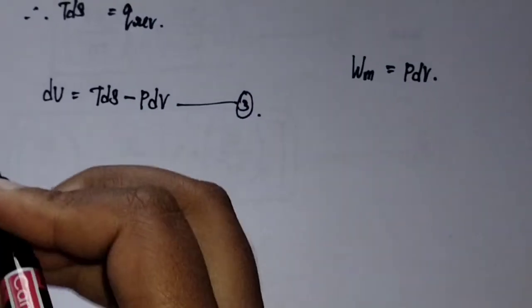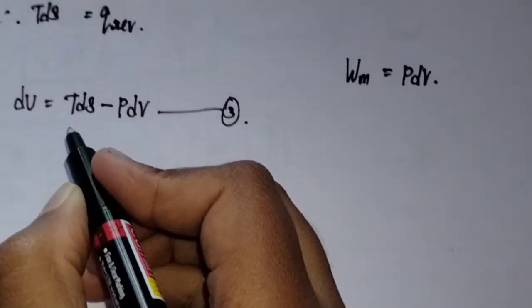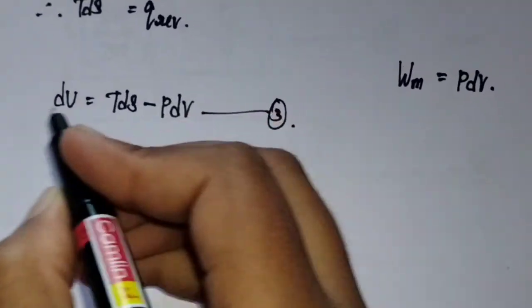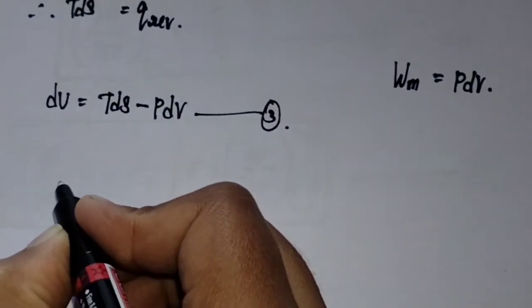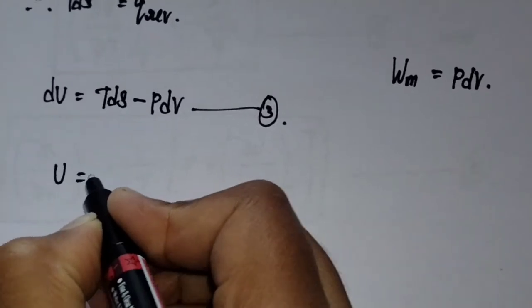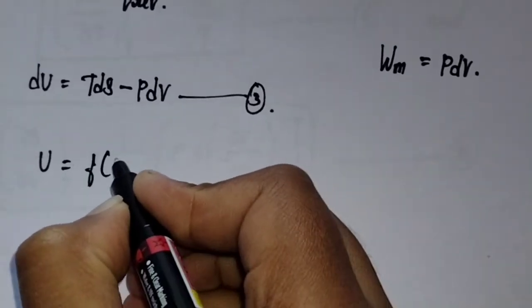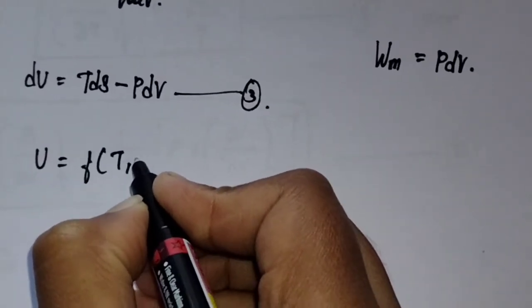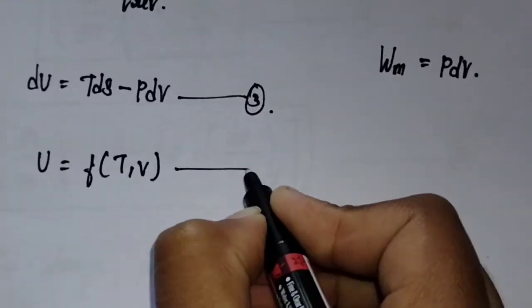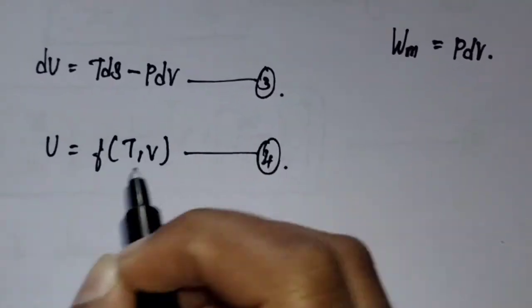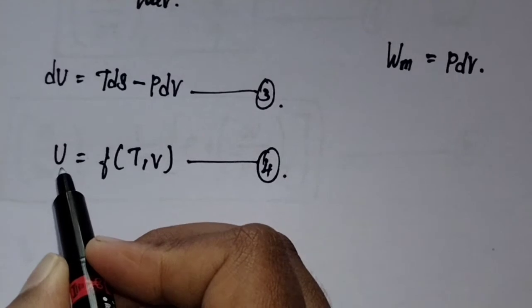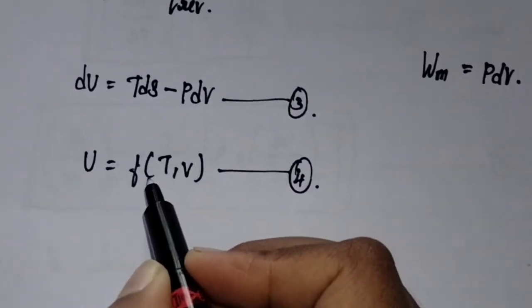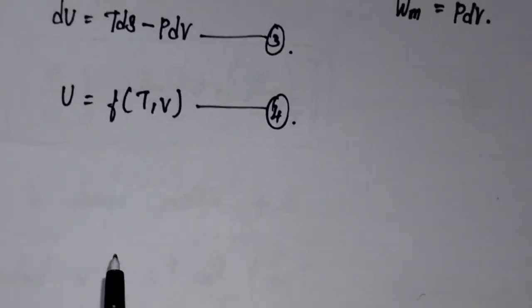Next, the internal energy is a function of temperature and volume. So we know U is equal to a function of T and V. Take this as equation number 4, where U is internal energy, T is temperature and V is volume.